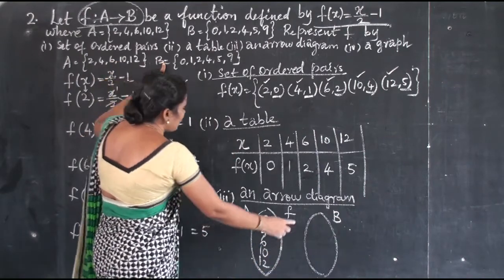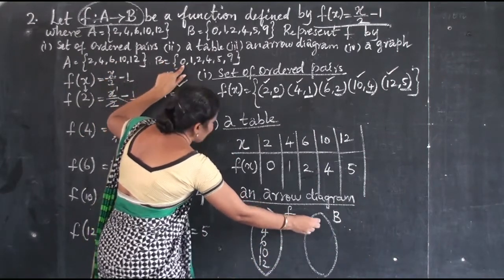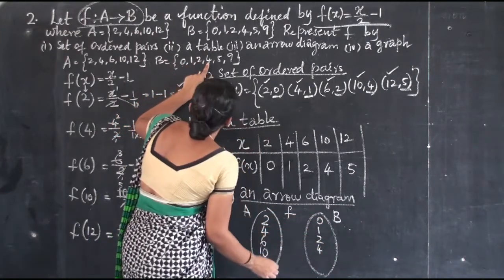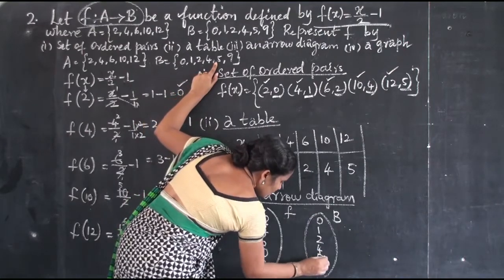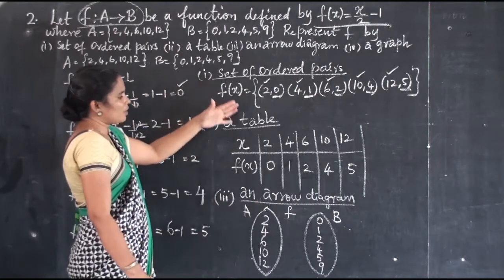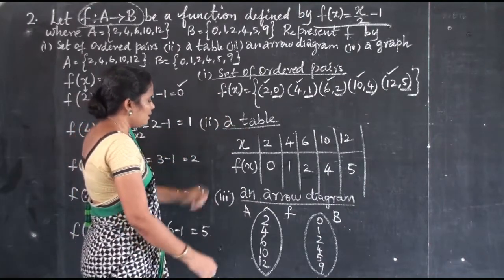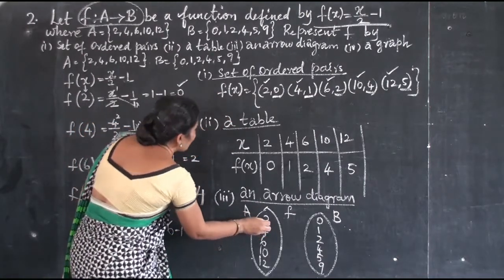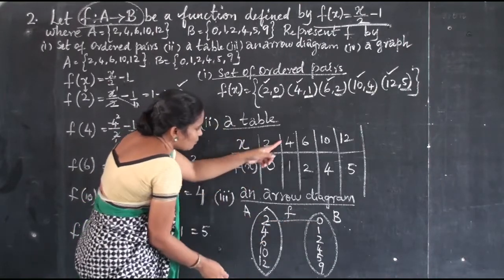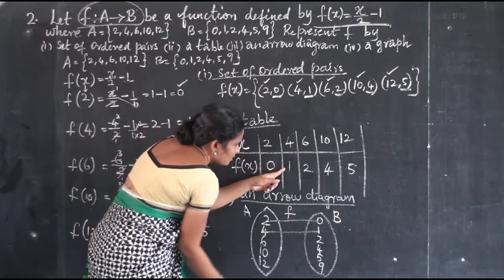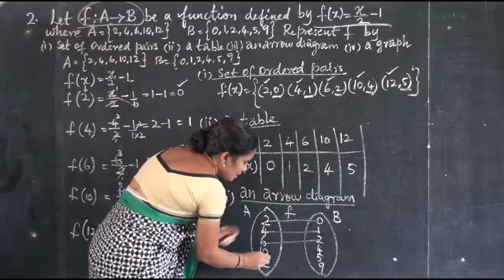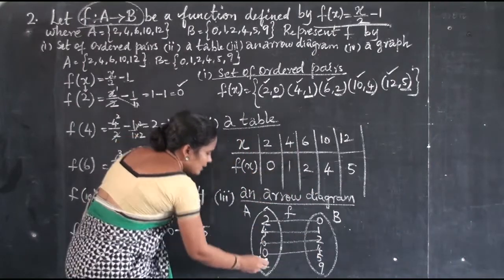And from B: 0, 1, 2, 4, 5. Then you have to check with the ordered pairs or the table. Now you can do the mapping. For 2 you get 0, for 4 you get 1, for 6 it is 2, for 10 it is 4, for 12 it is 5.